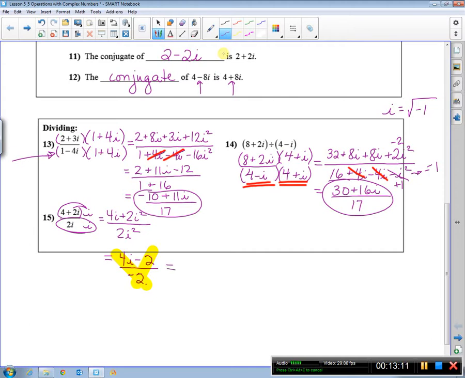So negative 2 into 4i is negative 2i, and negative 2 divided by negative 2 is positive 1. Now I would turn this around to write 1 minus 2i so that it's in the form of a complex number. Terrific. Let's do the next page.